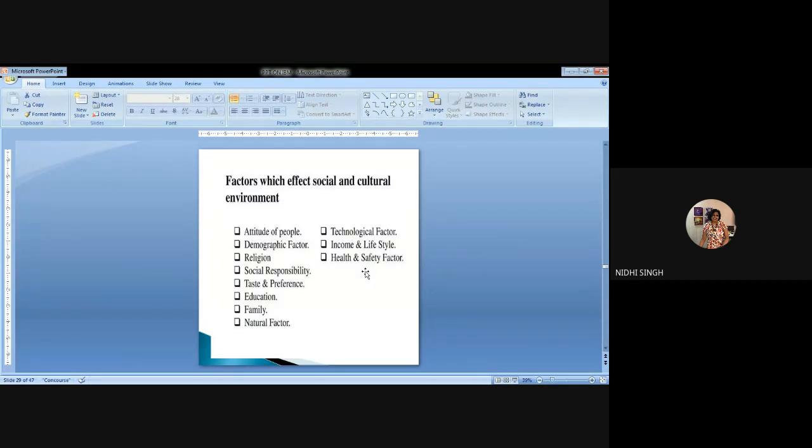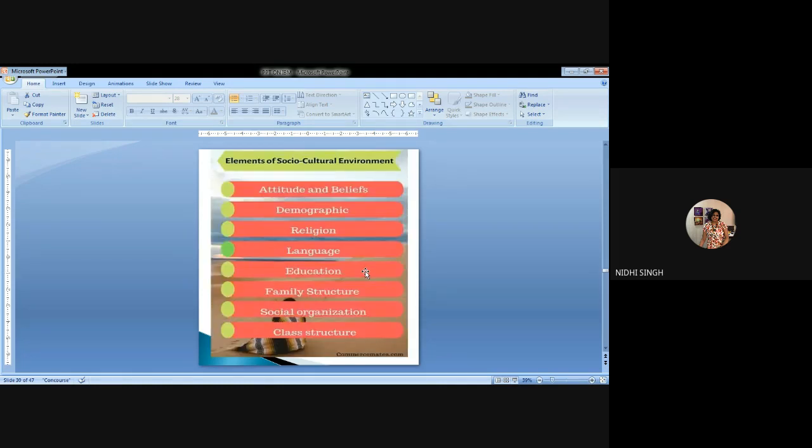These factors are very important when we go for international business, because dealing in domestic, you can have the same taste of customers, but when you deal in international business, the preference and taste change. So you have to look over all these factors. Now, what are the elements? Socio-cultural, the attitude and belief.